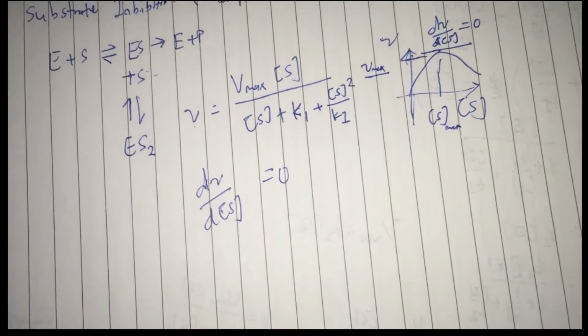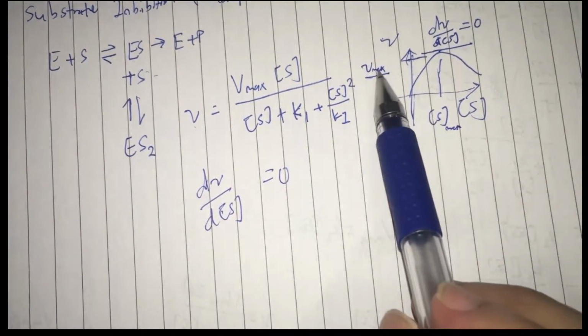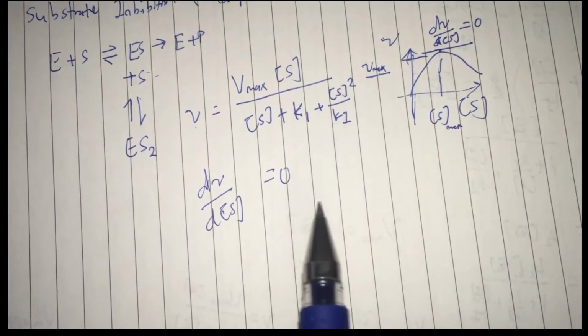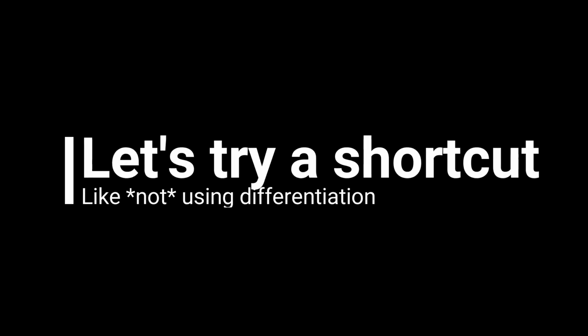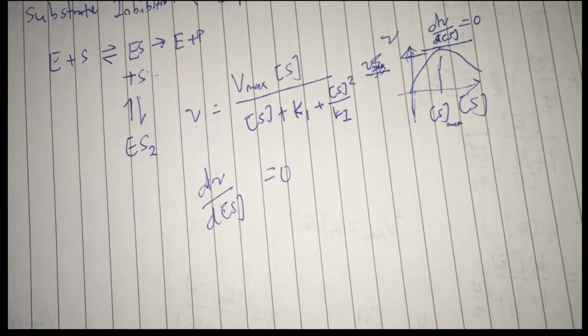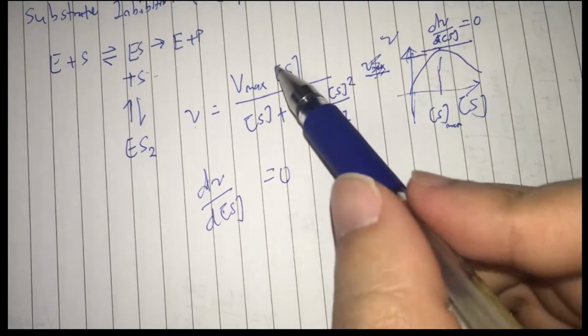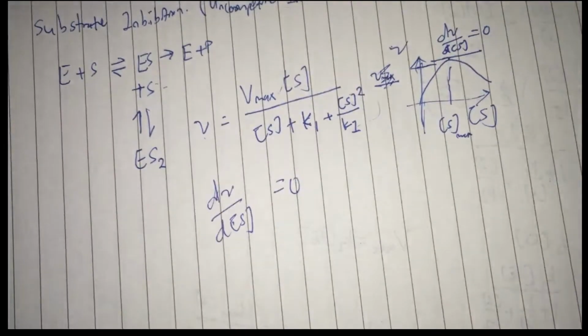Okay, and does this Vmax here correspond to this Vmax? Not necessarily. Well, you have to perform these calculations and see whether this whole thing here will become 1 and you'll cancel everything out.